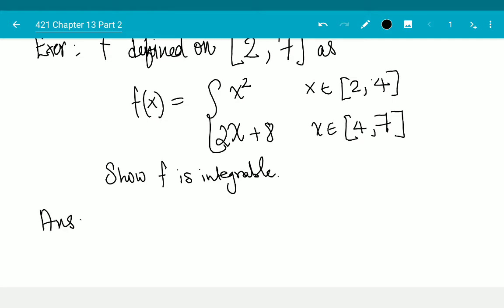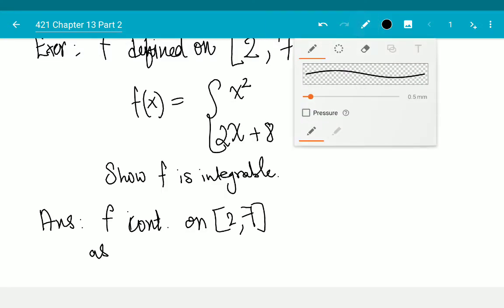Answer: f is continuous on 2 to 7. Therefore, let me correct this.